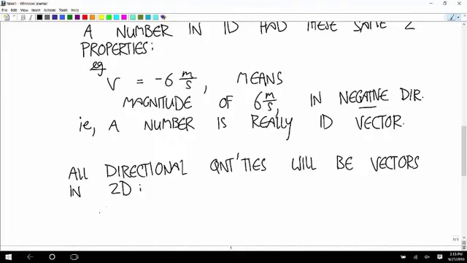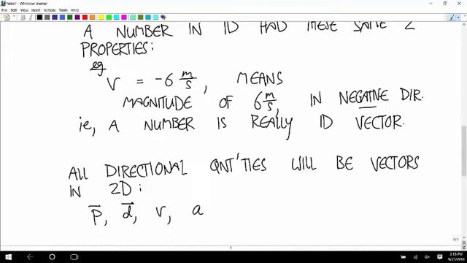So we're talking about position, displacement, velocity, and acceleration. And when we have a quantity that's a vector, we're going to indicate that by putting an arrow over the top. That's a vector symbol.